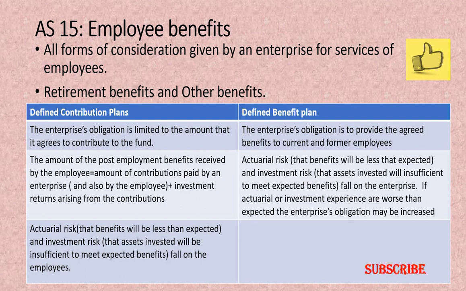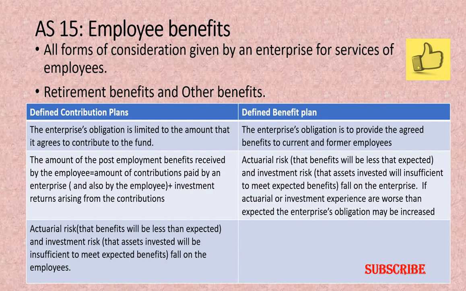Defined contribution plans are post-employment benefit plans under which an enterprise pays a fixed contribution to a separate entity, that is called a fund, and will have no obligation to pay further contribution if the fund does not hold sufficient assets to pay all employee benefits relating to employee service in the current and prior periods. Section 71 of the Multi-State Cooperative Society Act permits societies to establish and run an employees provident fund.